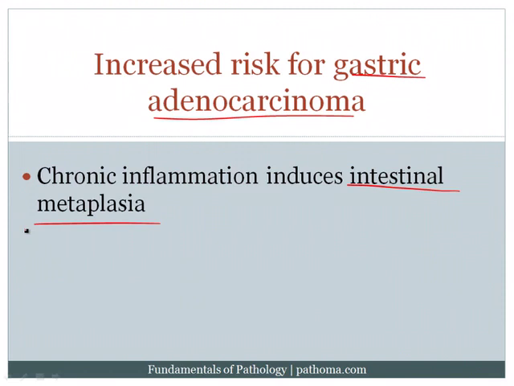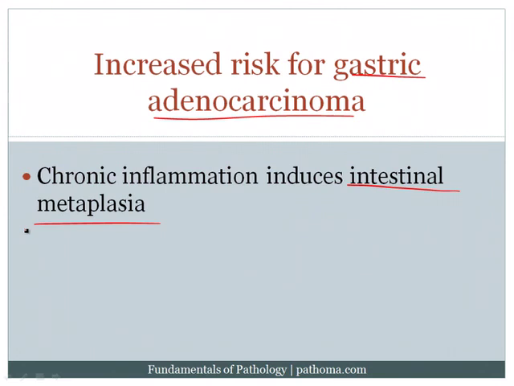So you would not see any inflammatory cells in the wall of the stomach. However, if you get chronic inflammation of the stomach, now you've got a ton of inflammatory cells present in the wall of the stomach. Well, the cells of the stomach will then undergo metaplasia because now they're seeing a ton of inflammatory cells, and they'll start to form the cells that are normally in the presence of a ton of inflammatory cells, and those are the intestinal cells.